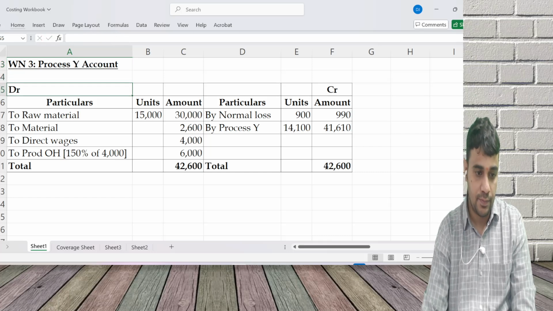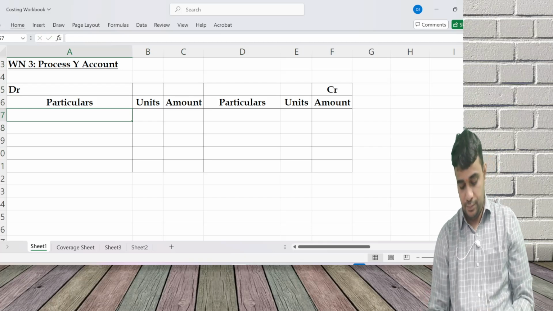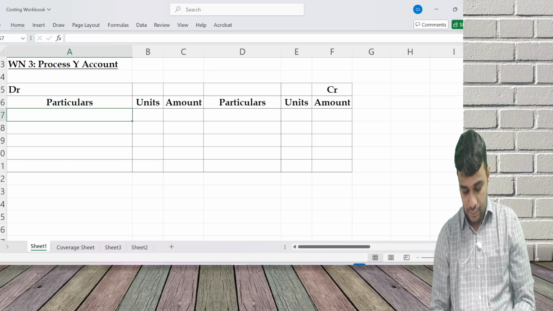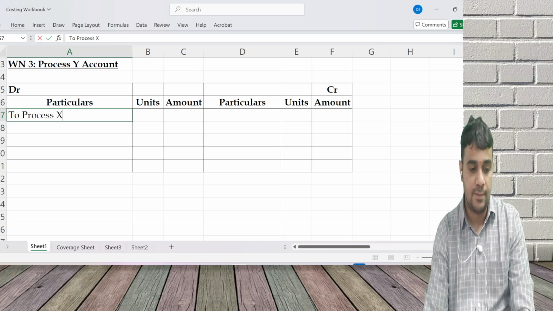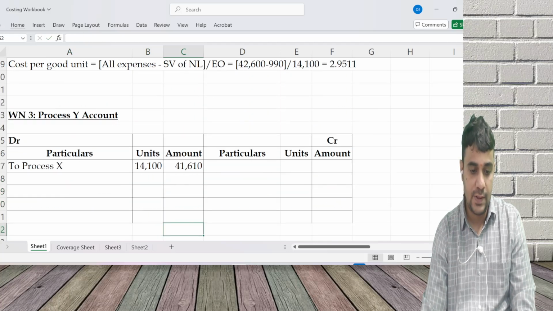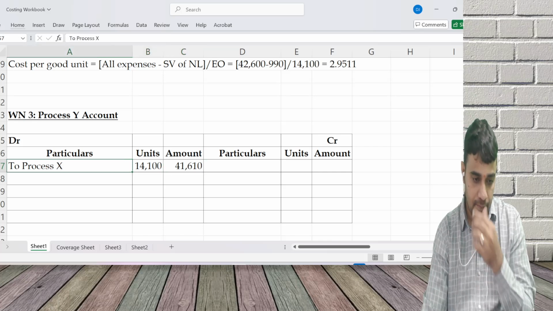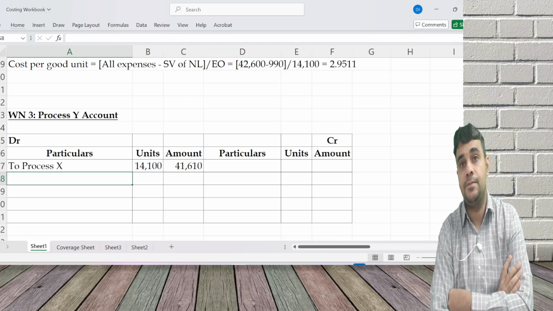Process Y account. To process X, 14,100 units, 41,610. Then what do we have?